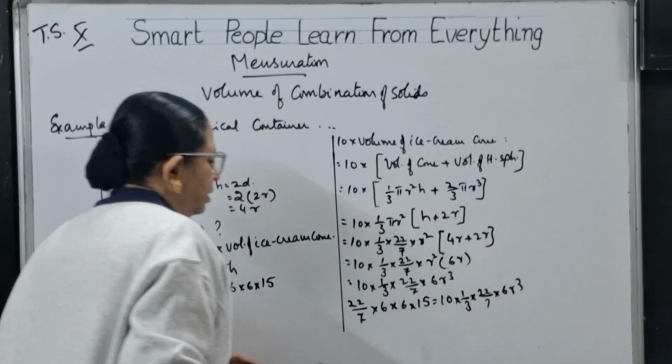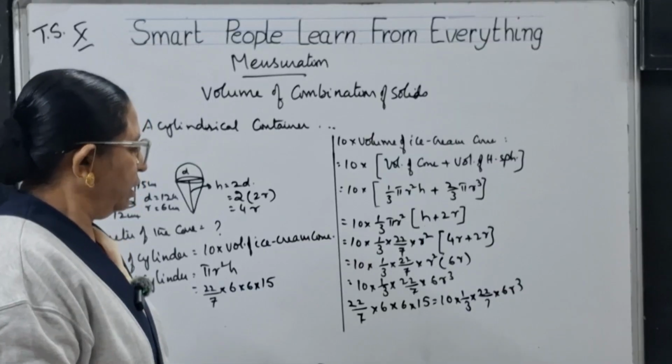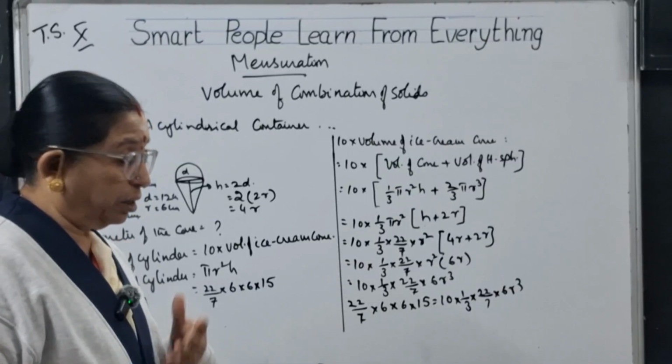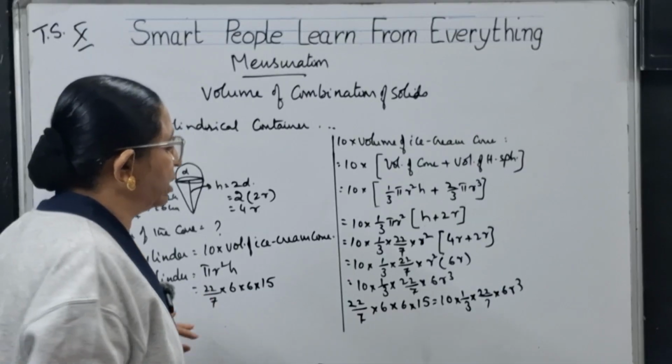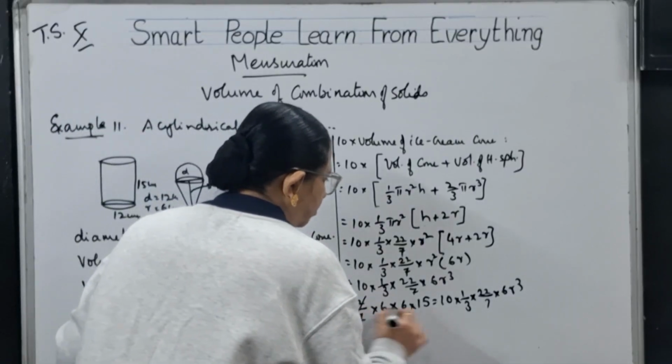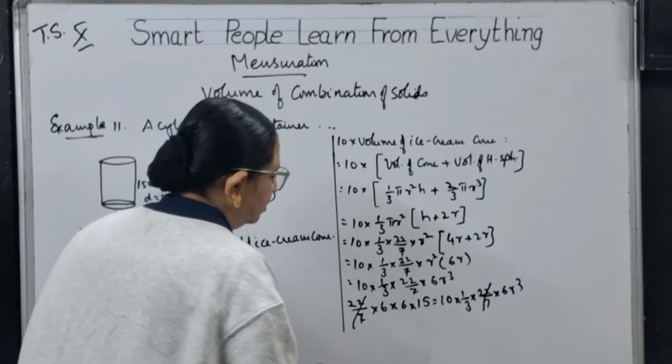I hope I am clear, children. If I multiply, it becomes a big number and you may find it difficult. That is why I am not multiplying. Cancellation is easy: 22 by 7 and 22 by 7 will get cancelled.